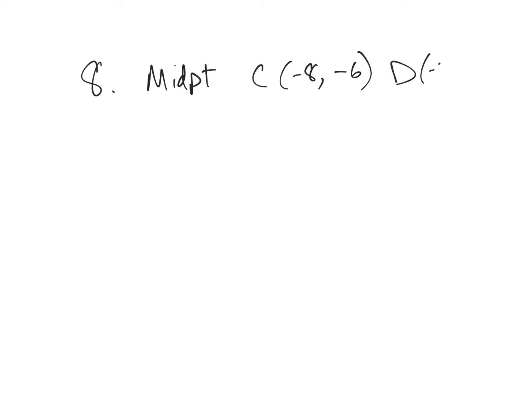Number 8. So I want the midpoint. If you have to look it up, you're not ready. C is at -8, -6. D is at -4, 10. Find the midpoint, please. How do you find the midpoint?